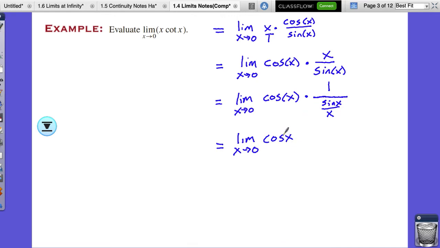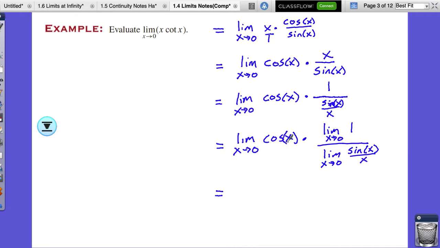You have the limit of the cosine of x times the limit of 1 divided by the limit of the sine of x over x. Now I can evaluate each one of those individual parts.